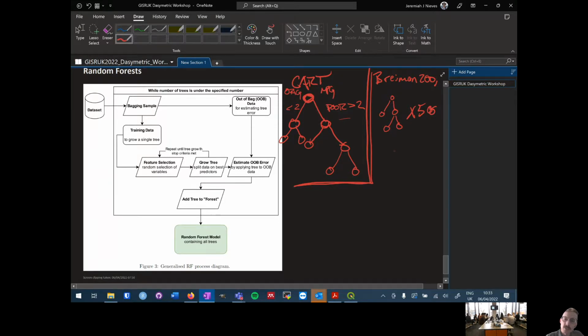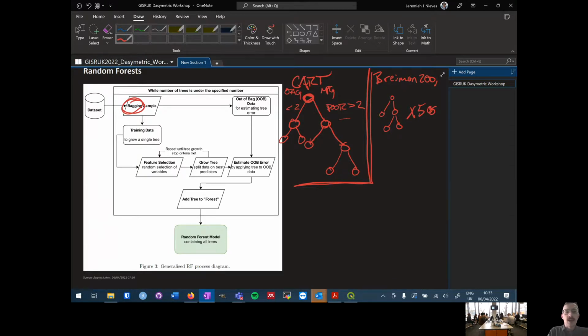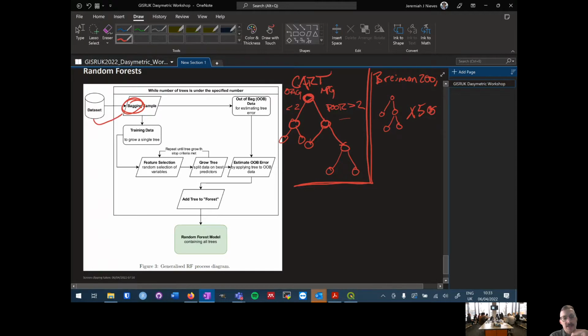So the key thing behind a random forest, besides the fact that it's many classification and regression trees, is that it does this thing called bagging, which can be thought of as bootstrap aggregating. Essentially, you have the main data set here on the left, and for each tree that you are making independently, you are going to randomly select with replacement a sample from the full data set.